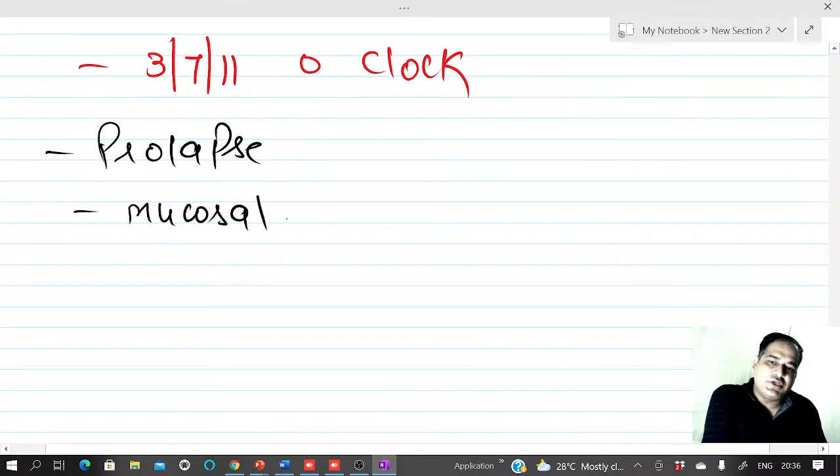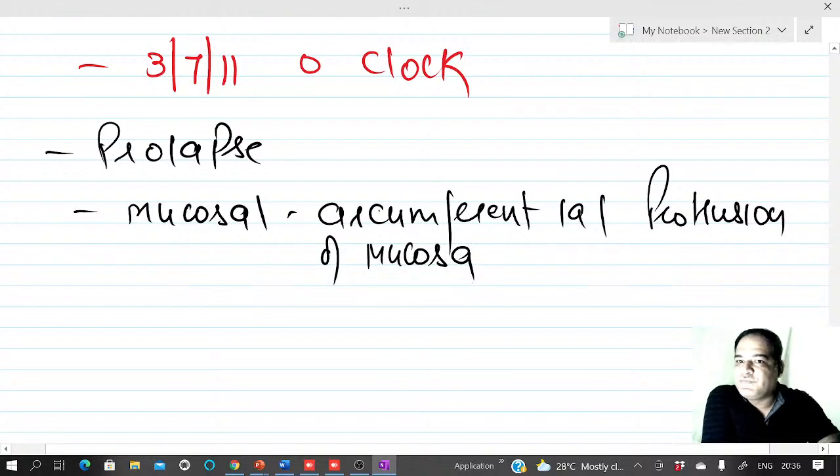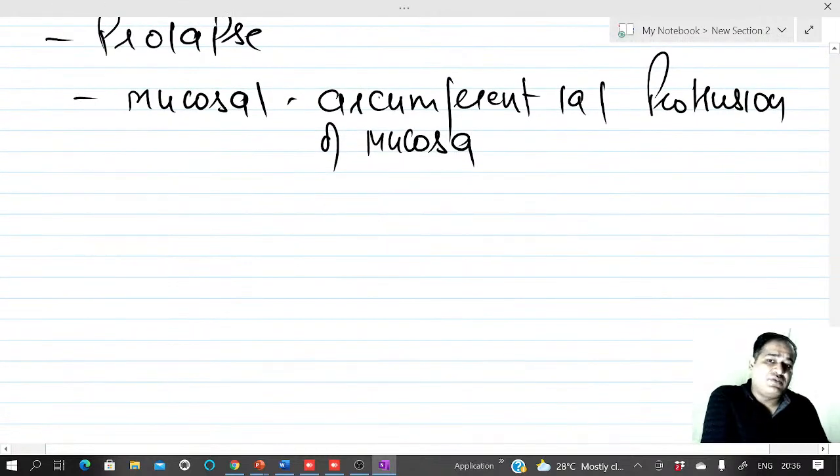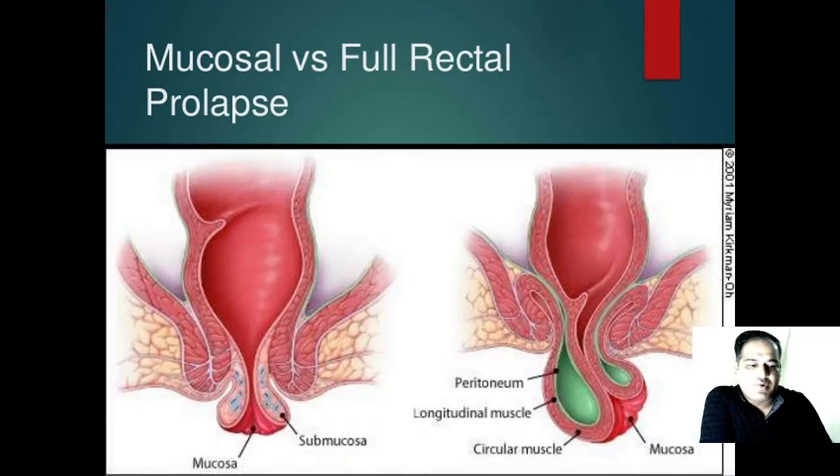If it is just mucosal, it would be circumferential protrusion of mucosa. Circumferential, not just at 3, 7 or 11 o'clock position, but at all the positions. 3, 7, 11 o'clock position are hemorrhoids, and if it is all around, let me just show you an image.